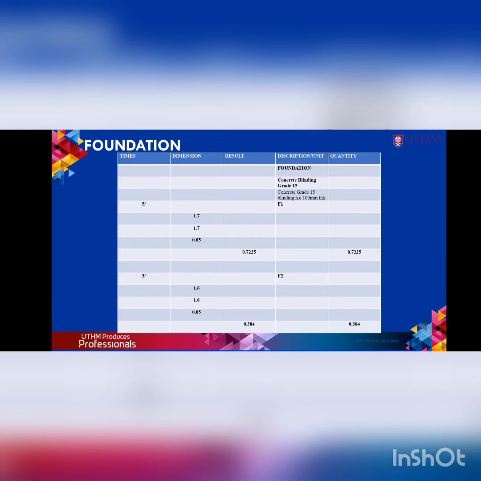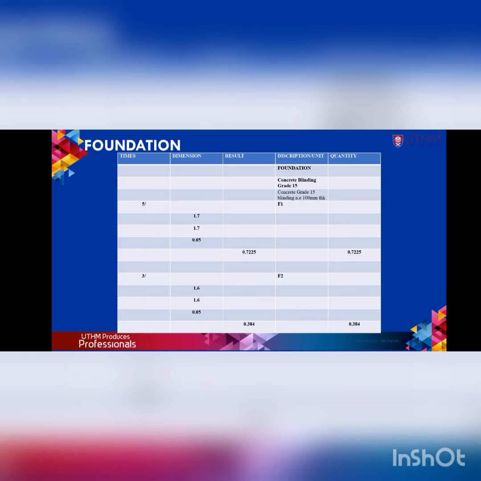So the first is foundations. About foundation, our description is the concrete blinding grade 15, 100mm thick. The first pad footing, F1, has a times of 5 and dimensions 1.7, 1.7 and 0.05. So the result for the first pad footing is 0.7225 meter, which is the same as the quantity.